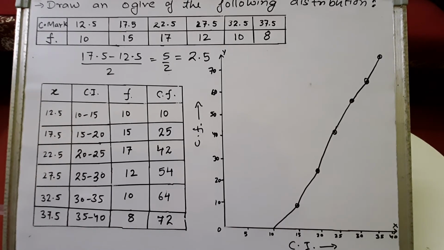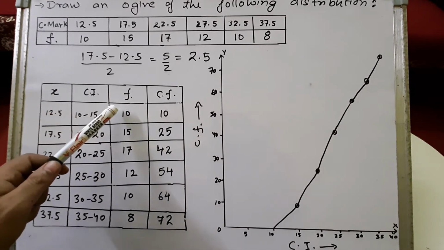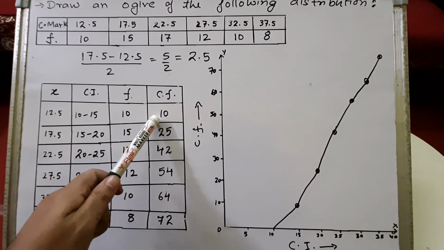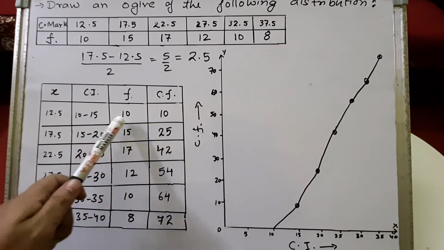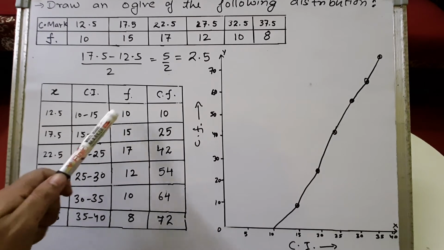For constructing the cumulative frequency curve, we need to construct the cumulative frequency table. That means we have to find the cumulative frequency from the given frequency. How do we calculate cumulative frequency? By adding the frequencies. The cumulative frequency of the first class is the same as its frequency, 10.